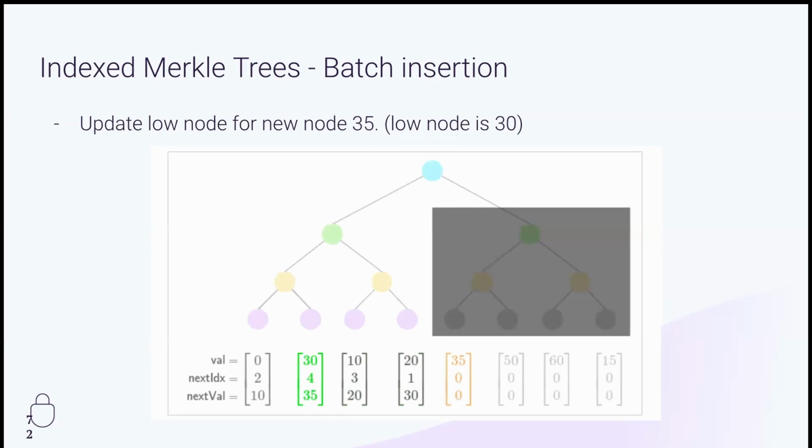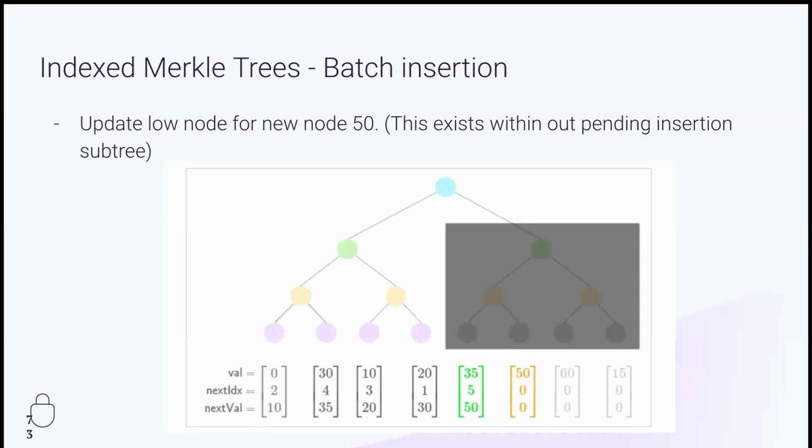So in this case, when we're inserting 35, our low node would be the node 30, marked here with green. So we need to update its successor to be 35 now. The index where we're inserting is the 35 value, and we need to set the values of our 35 node to be 0 and 0, as 30 was the largest value we had before. So we are doing some updates here on the existing tree and some only in our subtree.